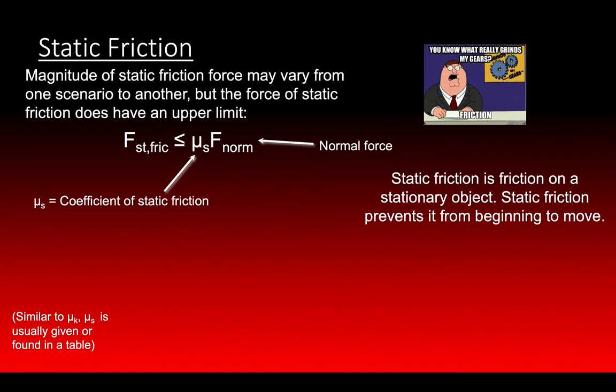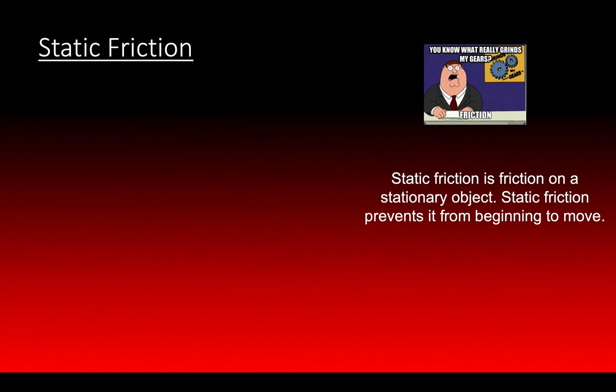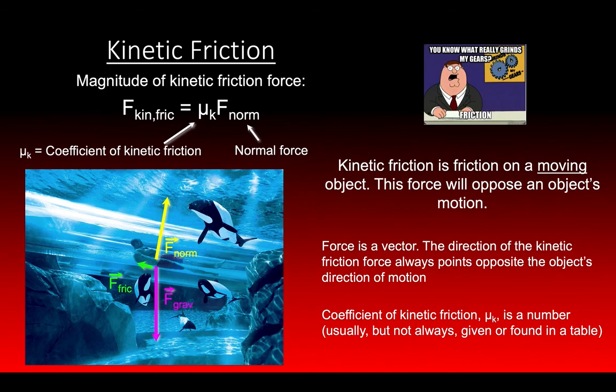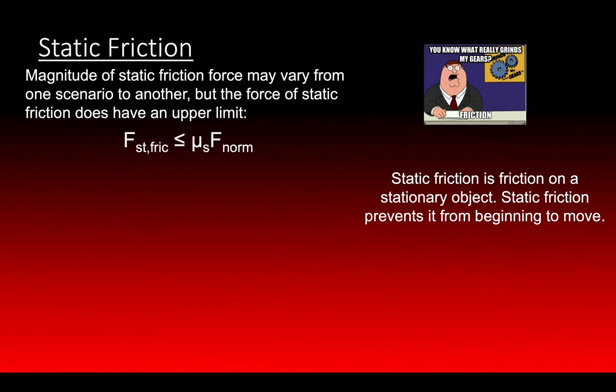So once I surpass the maximum possible value of the static friction force, which is equal to mu s times the normal force, once I surpass that number, now my laptop will start sliding. I broke static friction, and to calculate the friction force now, I have to consider the laptop is moving, so I have to look at kinetic friction.